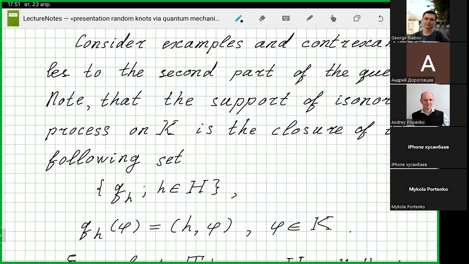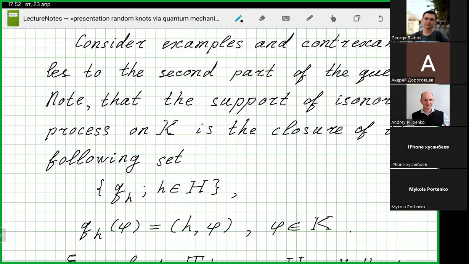Because it is known that the support of the isonormal process is the closure of the following set: just the scalar products with the functions from H. The closure of this set QH gives us the support of the isonormal process.